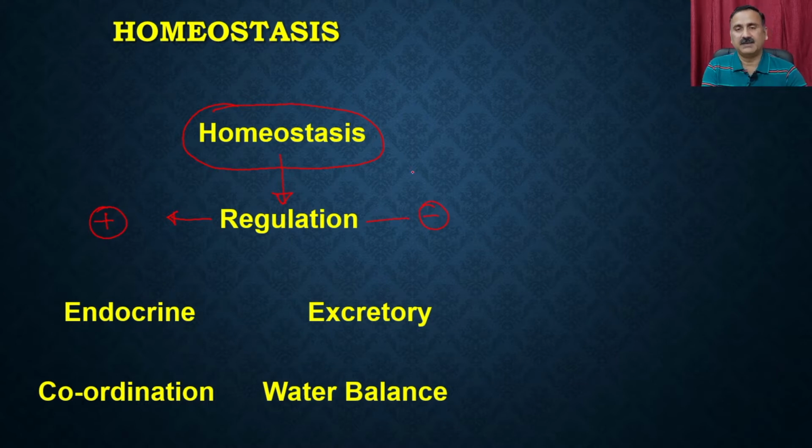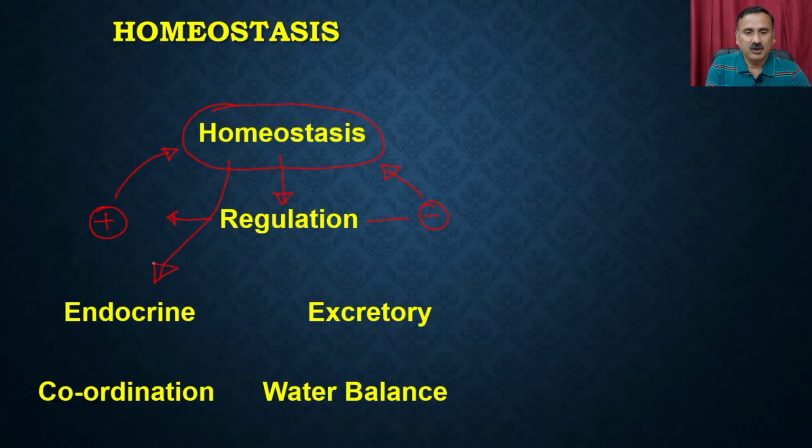Both of these are mainly meant to maintain homeostasis. But homeostasis largely depends on two main systems: one is the endocrine system, and the other is the excretory system.